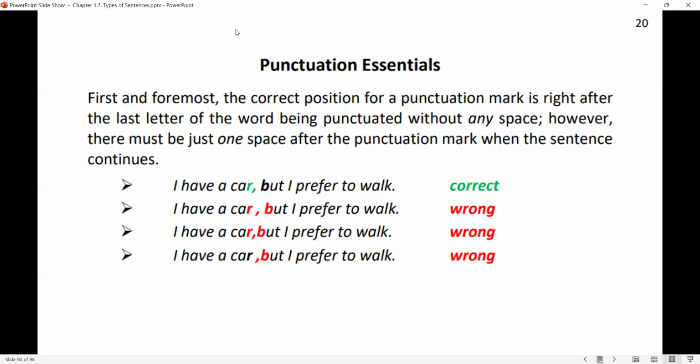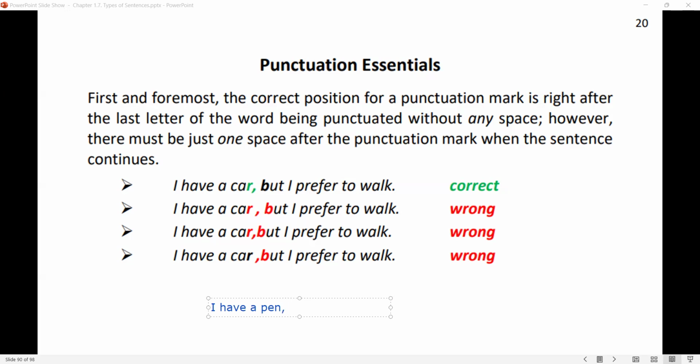What does it mean? For example, if I have this sentence, I have a pen, okay? And here I need to add the comma right after that. I shouldn't add a space and then comma. So this is just talking about space when you're typing. So I have a pen without space, comma, then one space.